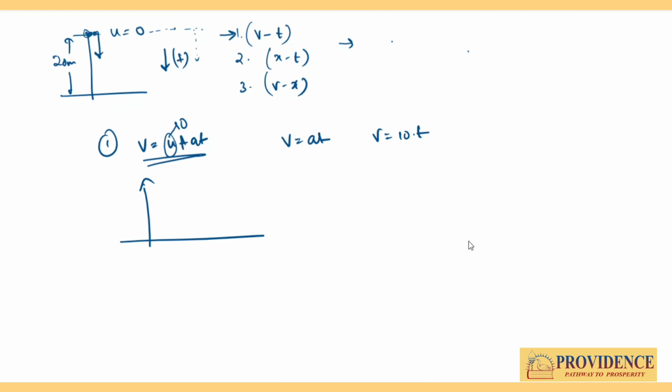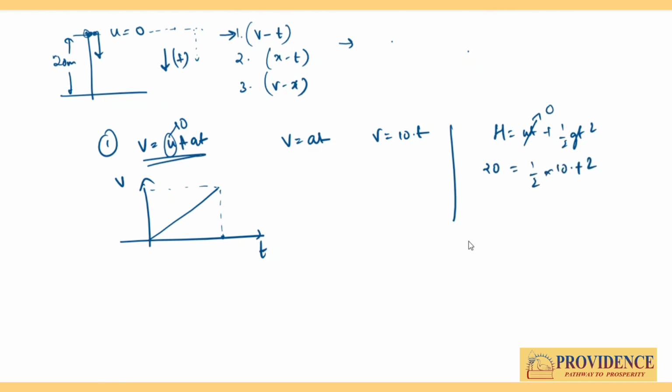That means the velocity time graph will be simply this, where at the end of the journey, when it is going to strike the ground, how much will this go on? For that purpose we can find the time of this journey. If we take h equals to ut plus half gt square, and since u is 0, we can write 20 is equal to half into 10 into t square.